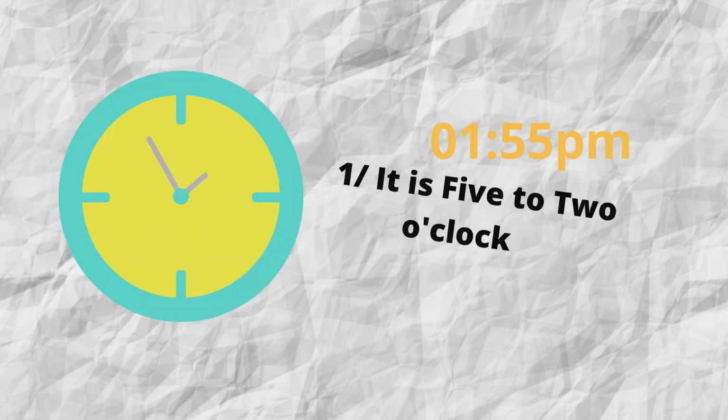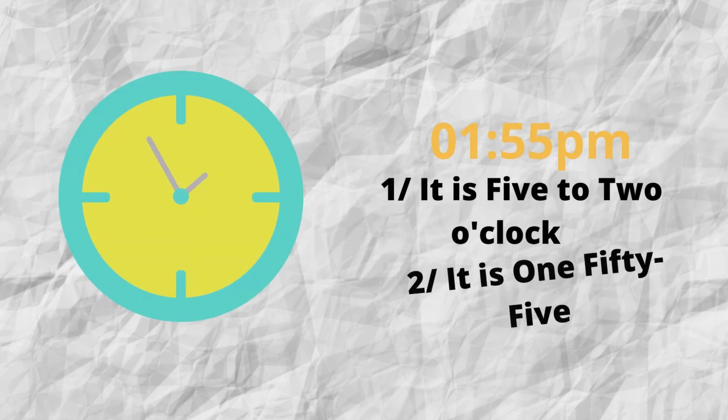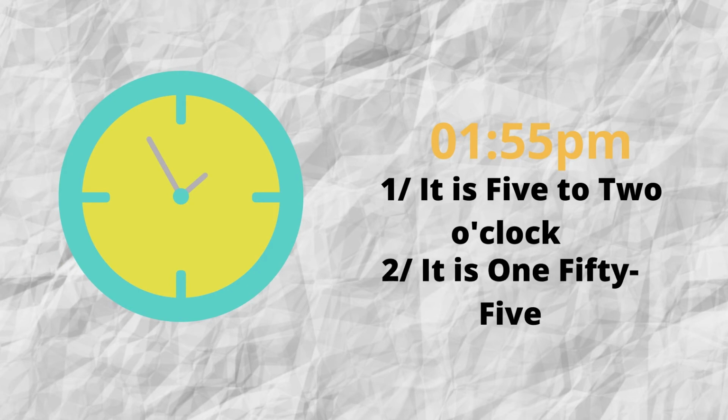From now on, we will have two types of sentences with every clock example. Number 1. It is 5 to 2 o'clock. Number 2. It is 1:55.